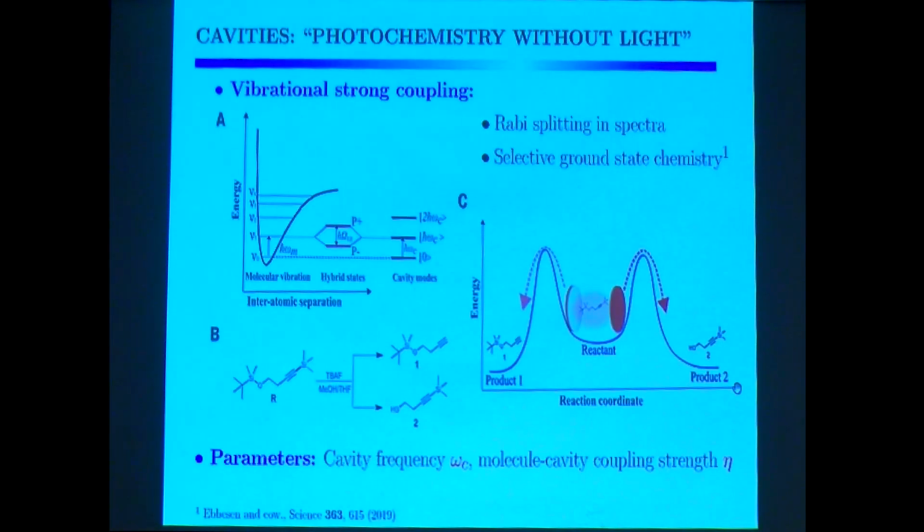And the energy difference between the two is called the Rabi splitting. And in fact, in an infrared spectrum, you not only see one line for the transition from 0 to 1, you see now two lines corresponding to the lower and the upper polaritonic state.